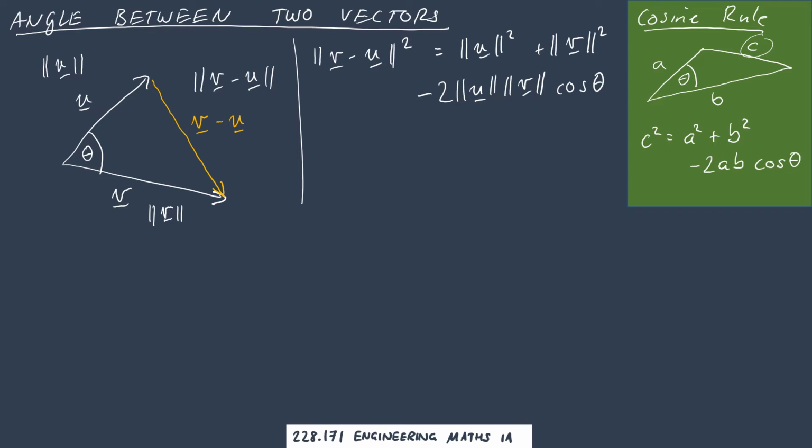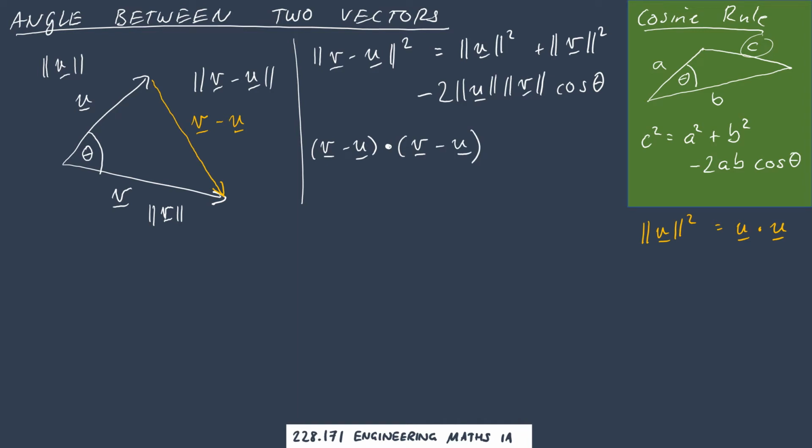So we're going to use this key little fact, that the length of a vector squared is equal to the dot product of the vector with itself. And we're going to use this everywhere we've got a length squared to see if this is going to simplify our problem at all. So I'm going to replace my length of v minus u squared with (v minus u) dot (v minus u).